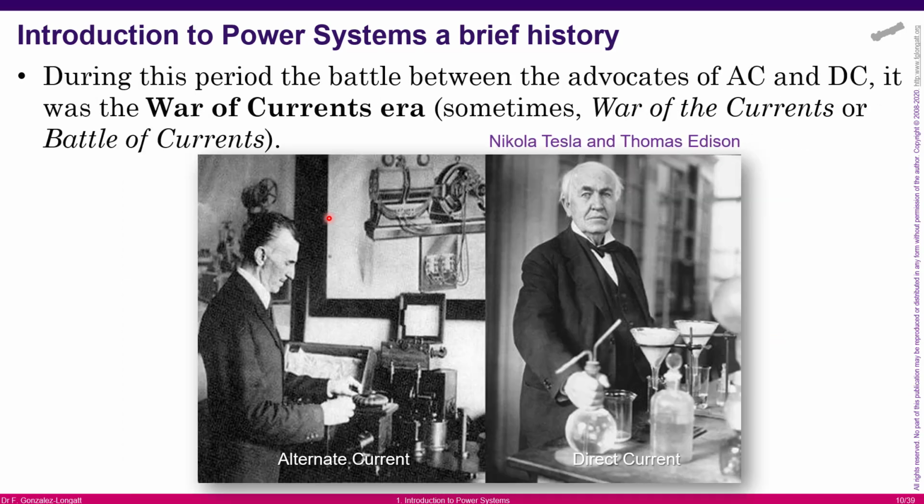But from the very beginning, there was a big conflict between important figures in the history of electricity: Nikola Tesla, George Westinghouse, and Thomas Alva Edison. It was the issue between direct current and alternating current. Edison and Tesla were very famous advocates of DC and AC.